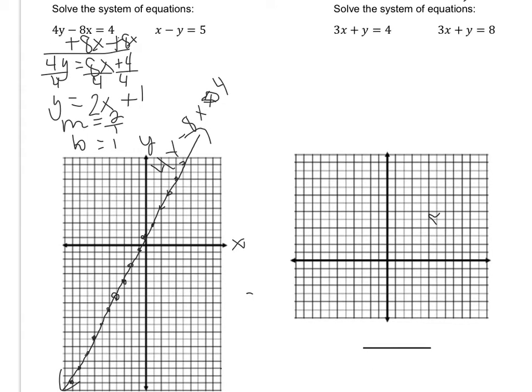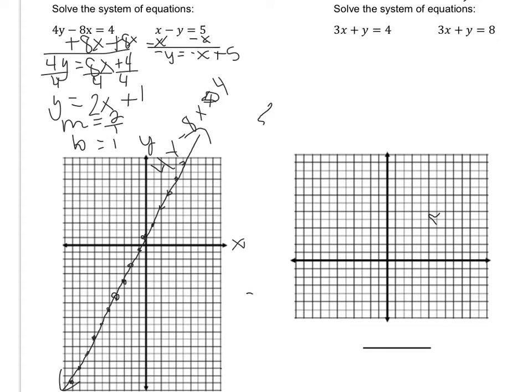Now we've got to plot the second one. Okay, so to get that y by itself for the second one, we first have to do minus x to both sides. That leaves you with not y, but negative y equals negative x plus 5.